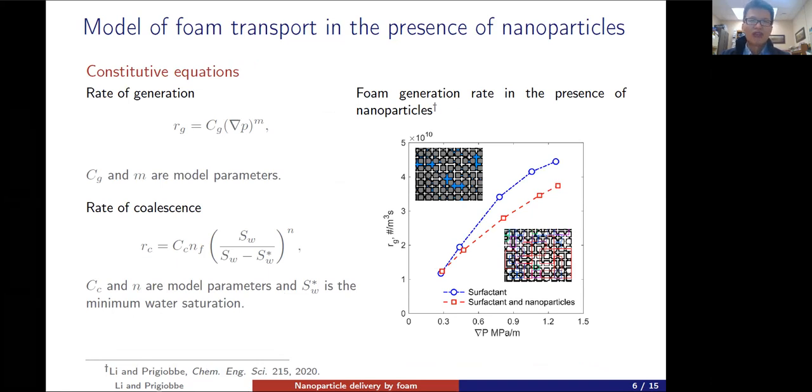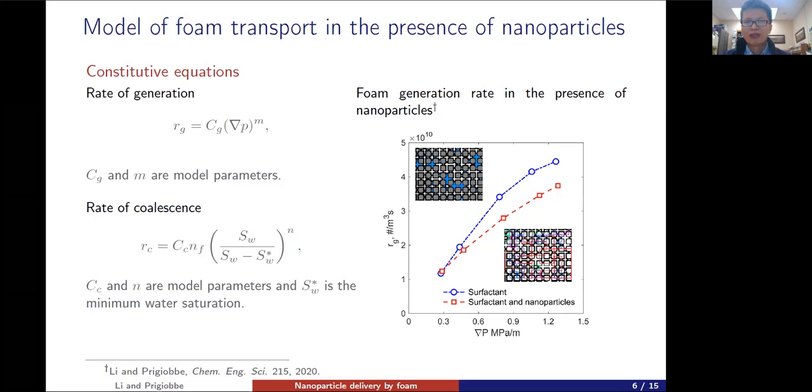So according to other studies, the rate of generation of pure foam could be represented as a power law relationship with pressure gradient. Based on our early work, this relationship still holds for foam generation in the presence of nanoparticles.